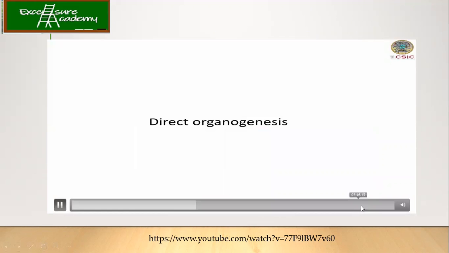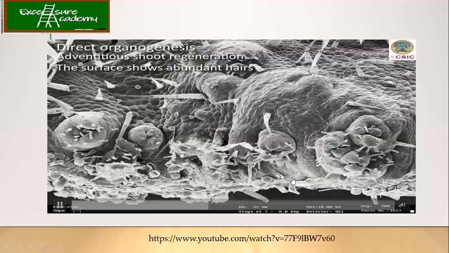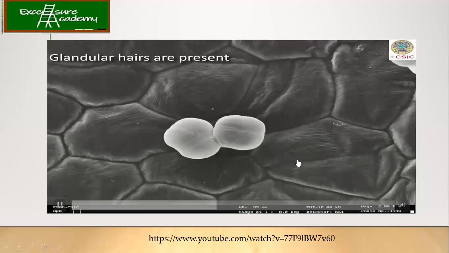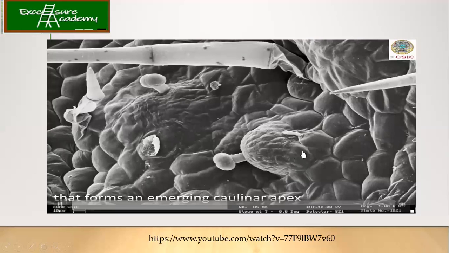Now talking about direct organogenesis. These are the plants they have grown using the method of direct organogenesis. If you are very familiar with electron micrograph studies, then you can understand what is happening in the images. See, these are the glandular hairs.